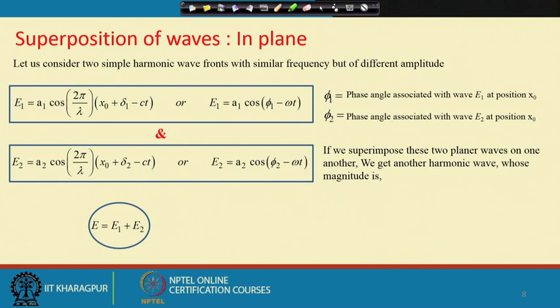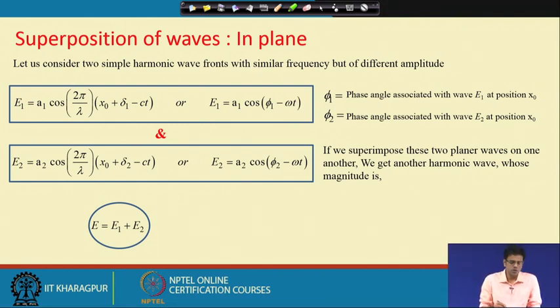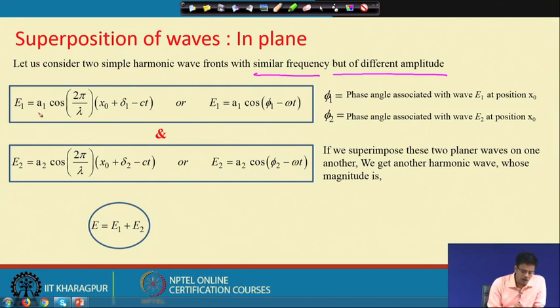So, let us consider two simple harmonic wave fronts, having similar frequency but different amplitude. A1 is the amplitude for E1, and A2 is the amplitude for the second wave.